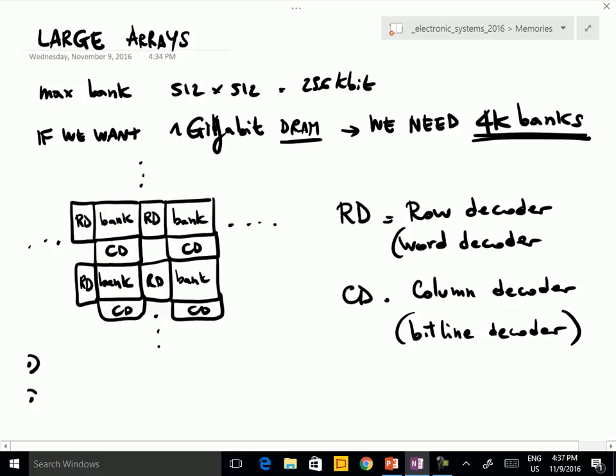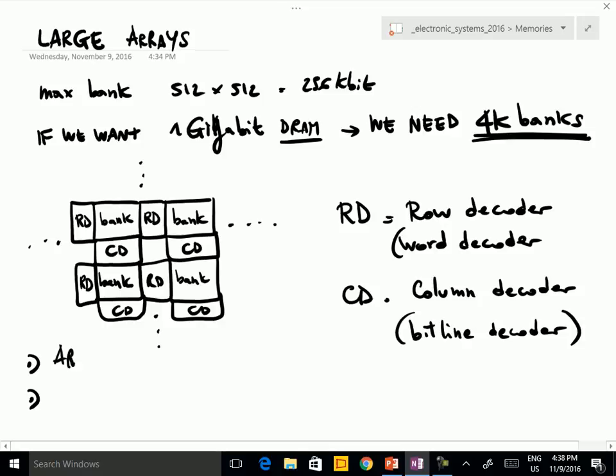Only 2 things I need to mention in this regard. One is obvious: this arrangement implies a loss in area occupation, because, as you can see also in this simple drawing, a large fraction of the total area is not occupied by the memory array, but by the decoders and by some space which is not efficiently occupied.